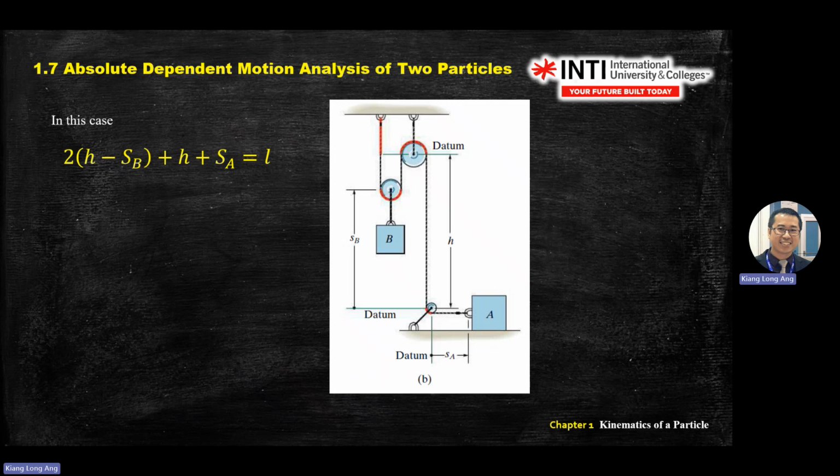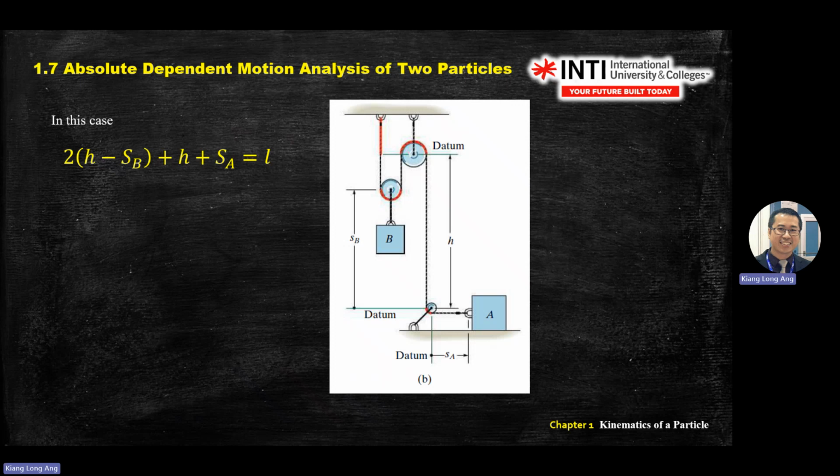Your total length now change already. I mean the calculation, the way you calculate. How you calculate your total length? SA plus H. This is the section you want to calculate, right? So you take H minus SB multiply 2. How you calculate this length?